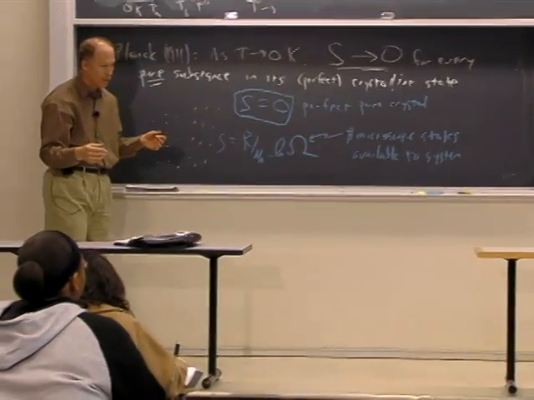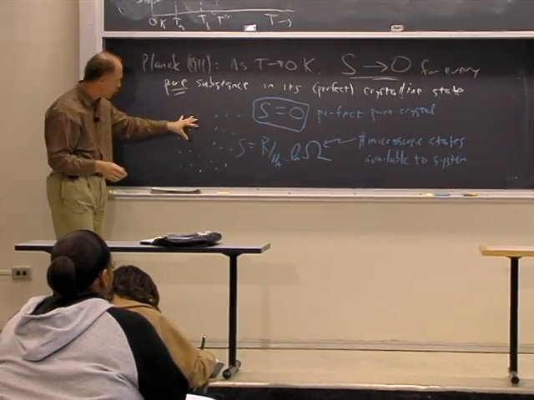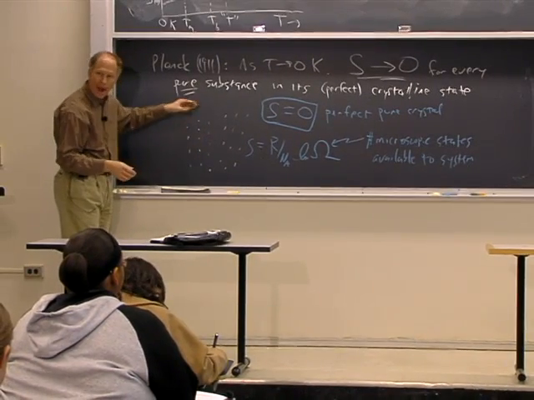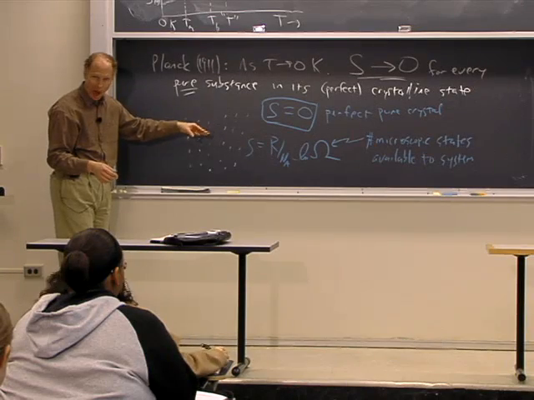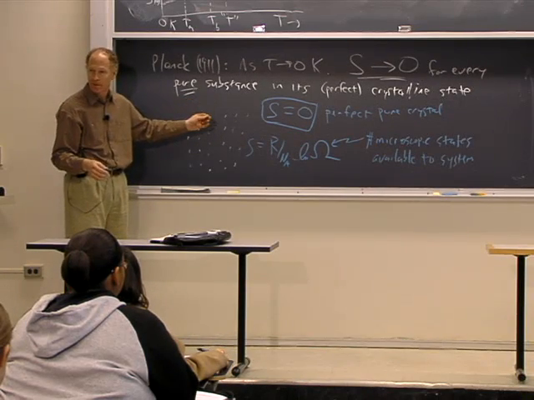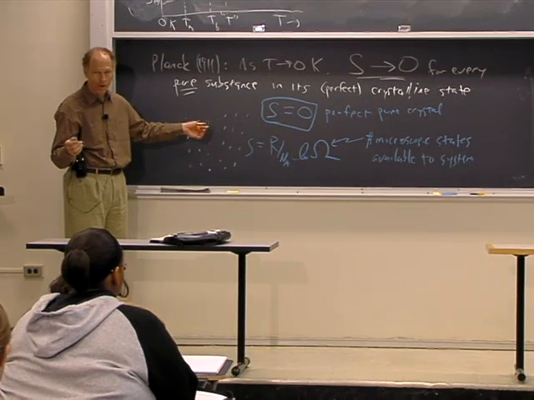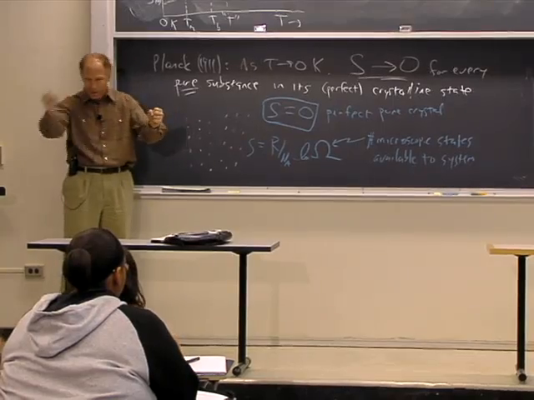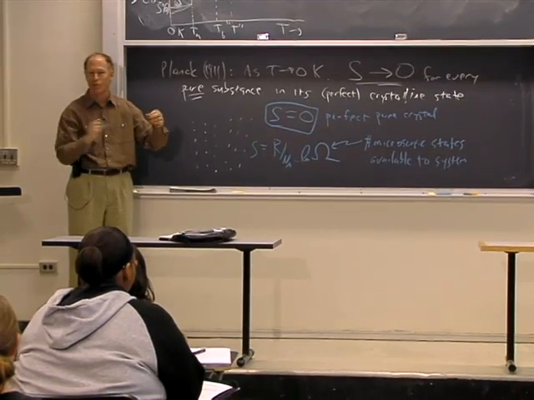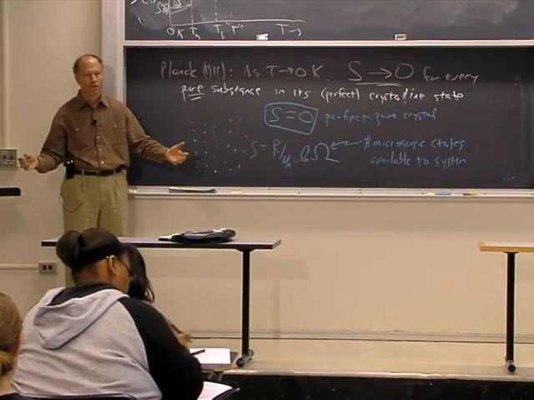But if I go to 0 Kelvin and I've got a perfect crystal, every atom, every molecule is exactly in its place. How many possible different states is that? It's 1. There aren't any more possible states. I've localized every identical atom or molecule in its particular place, and it's done.